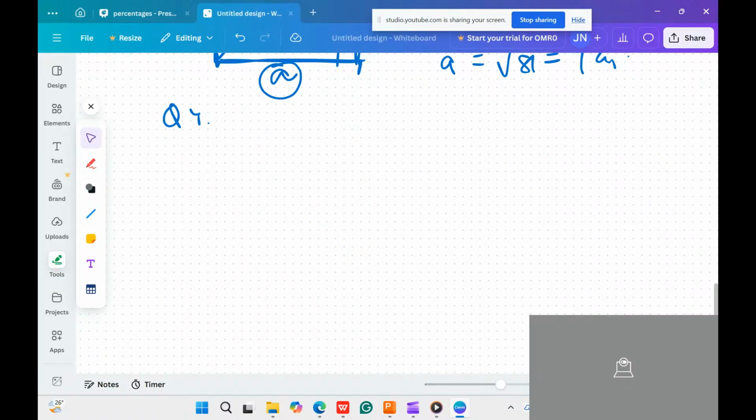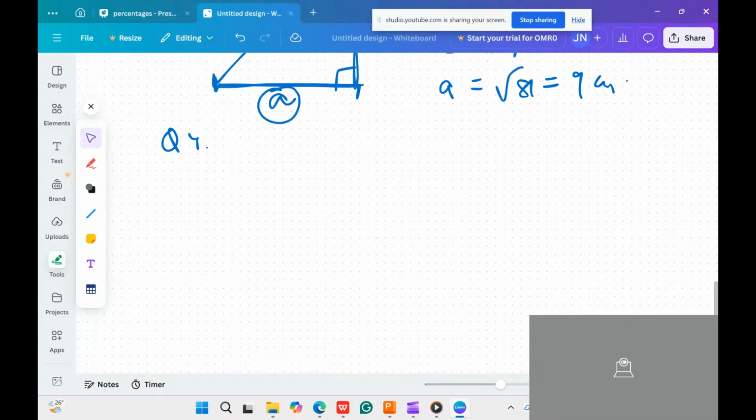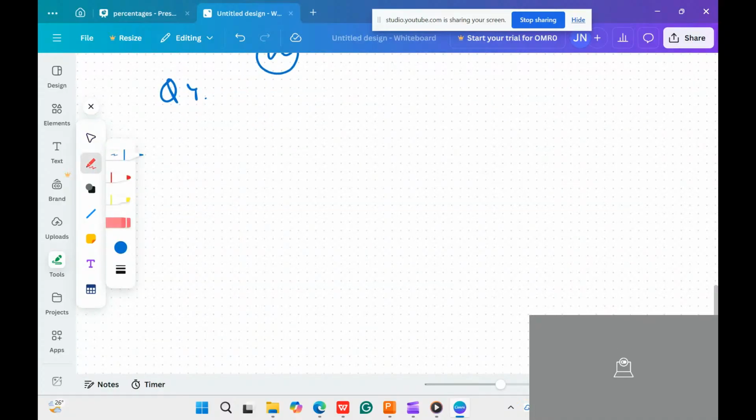So if it is a right triangle, check whether these are the sides of a right triangle. Remember, I will do the first one, and then the remaining two you will do. Can you guess which one is the hypotenuse?